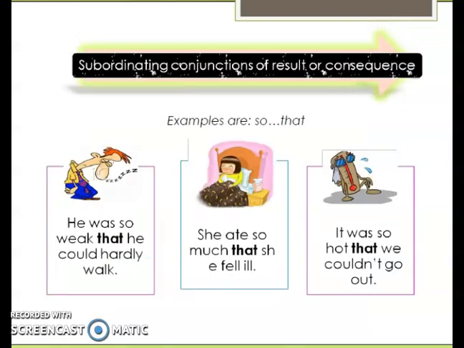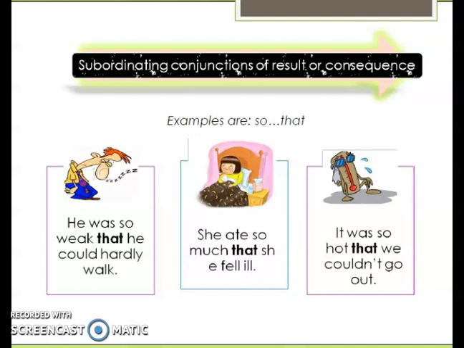Next we have subordinating conjunctions of result or consequence. Examples are so that. He was so weak that he could hardly walk. She ate so much that she fell ill. Like someone has done something and as a result another action has happened.